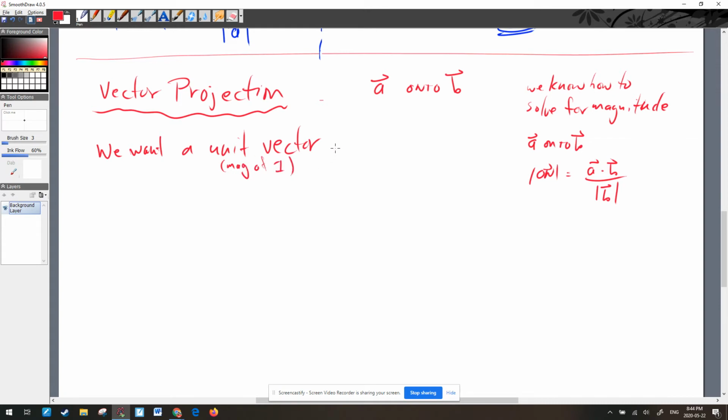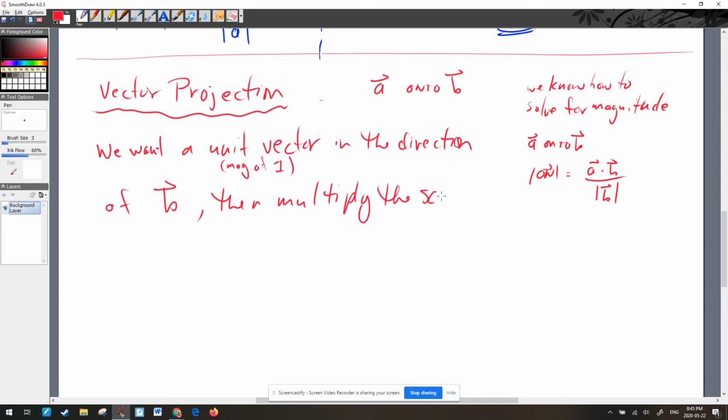So we want a unit vector in the direction of vector B, okay? And then we can multiply the scalar magnitude with the unit vector in the direction of B.